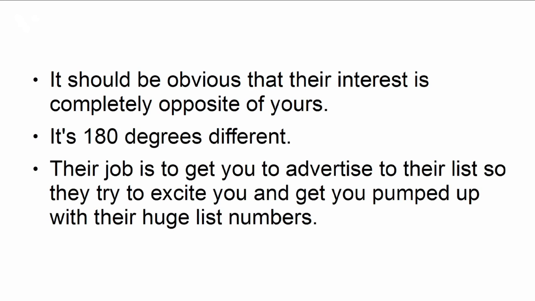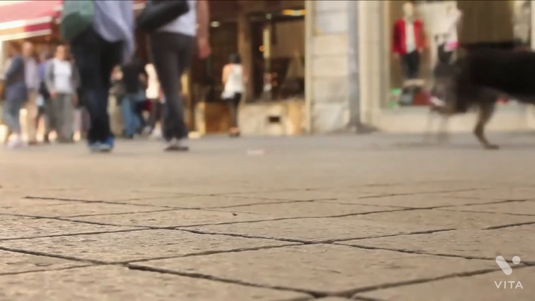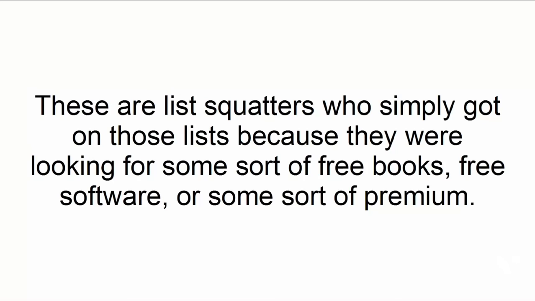Their job is to get you to advertise to their list, so they try to excite you and get you pumped up with their huge list numbers. Well, it turns out that in many cases, these numbers are made up of people who have no interest in buying anything. These are list squatters who simply got on the list because they're looking for some sort of free books, free software, or some sort of premium.